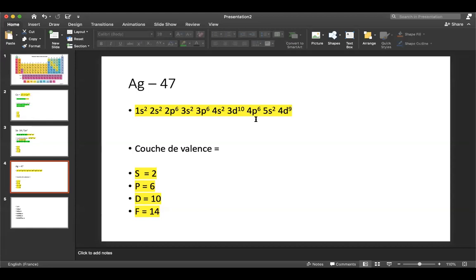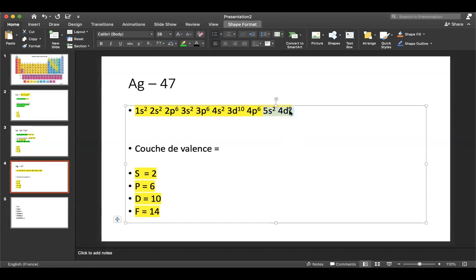This one goes up to 4S, 3D, 4P. So this one 5S to 4D. So it will be 5S 4D.